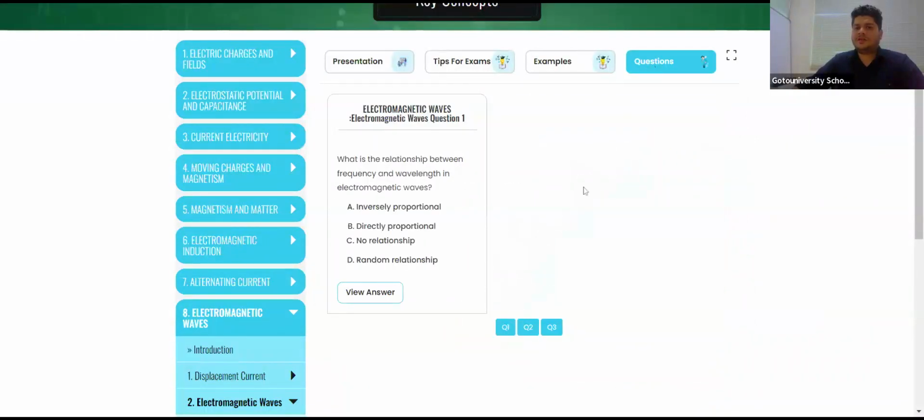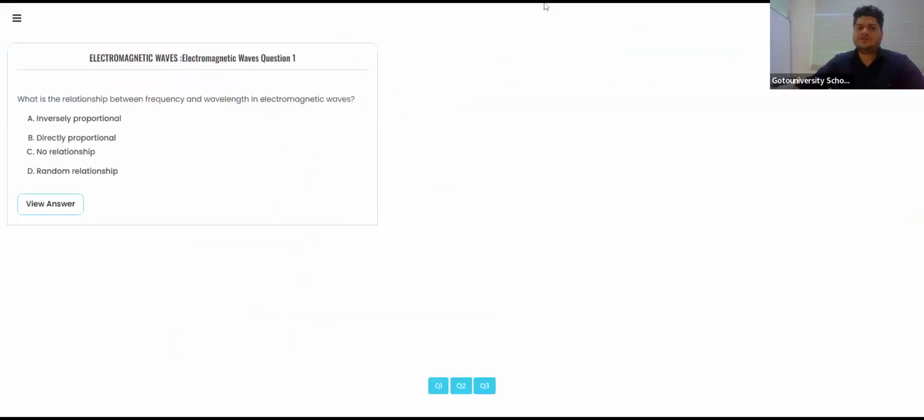Let's see some questions based on this. The question is, what is the relation between frequency and wavelength? The options are inversely proportional, directly proportional, no relationship, or random relationship.